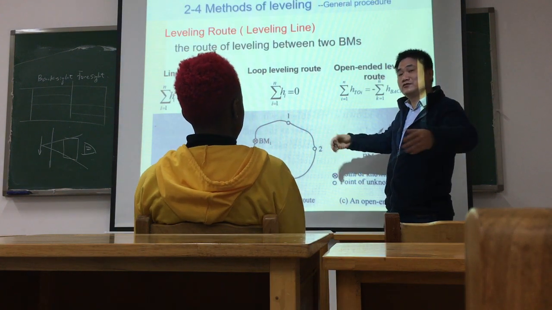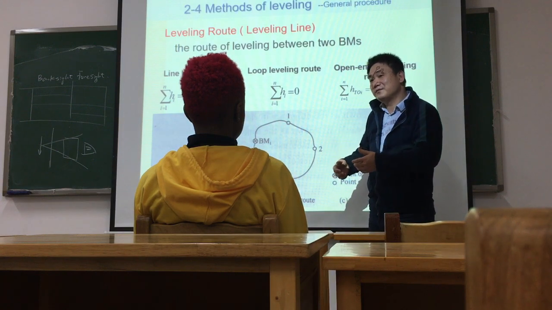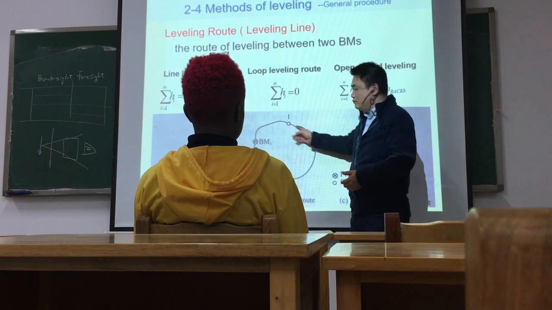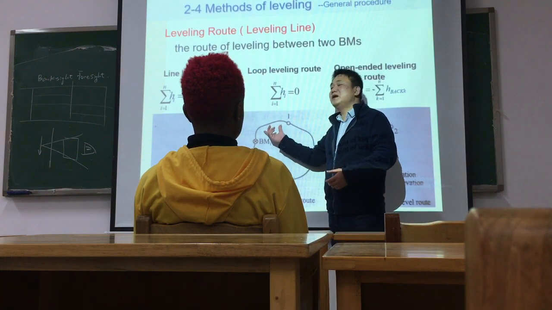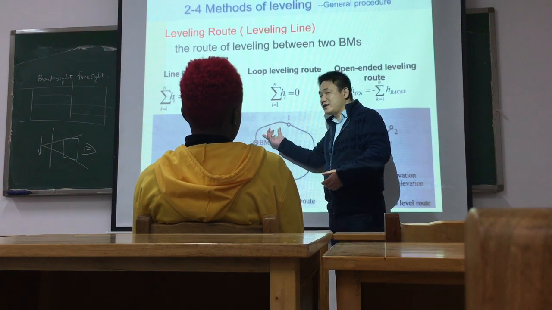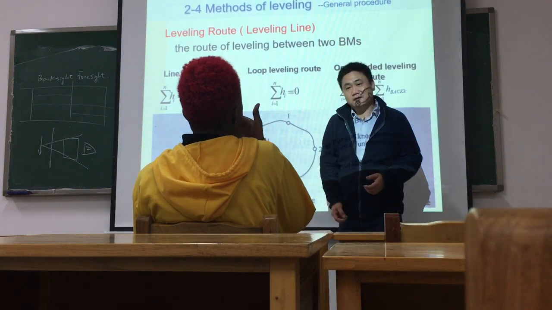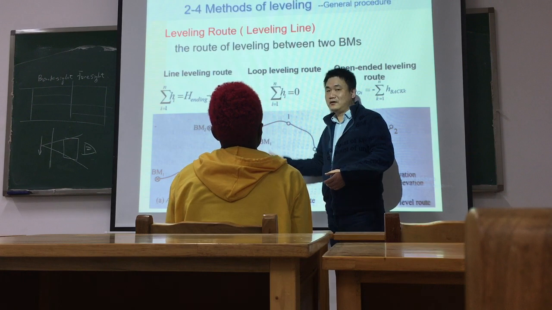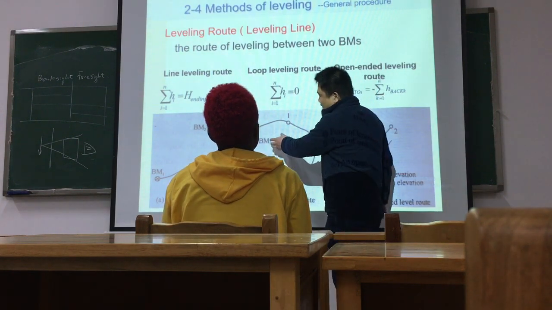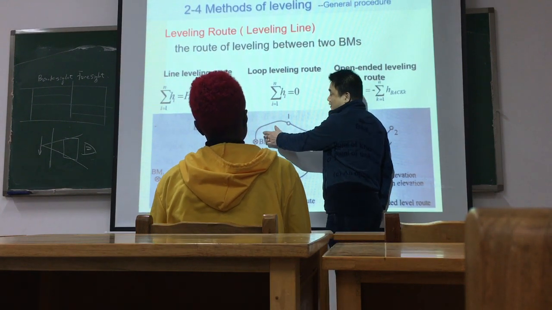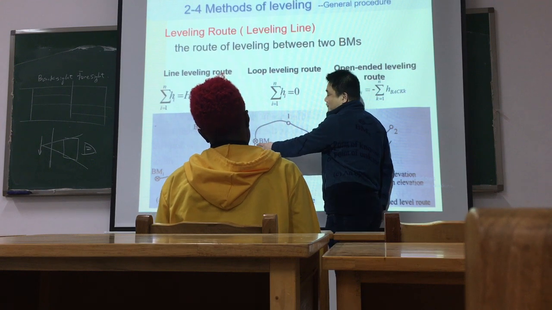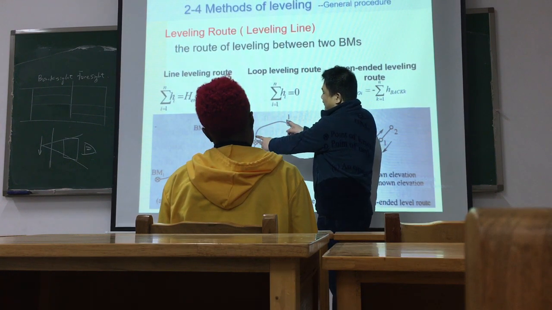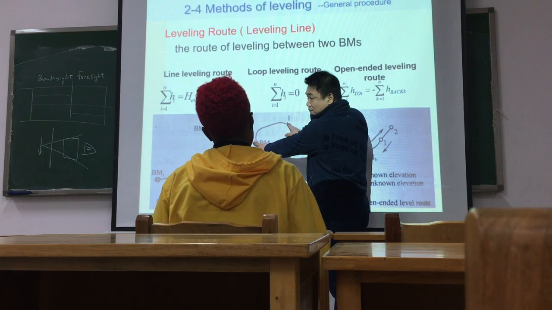So you should set up many stations. So a route maybe includes many sections, and one section maybe includes many setups, many stations. Okay, so if we set up many stations and get the elevation difference between BM1 and 1, then we have the elevation difference.